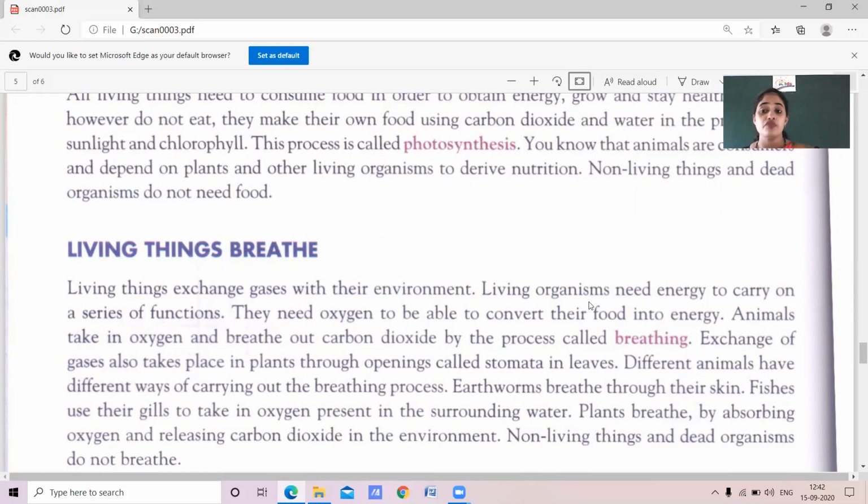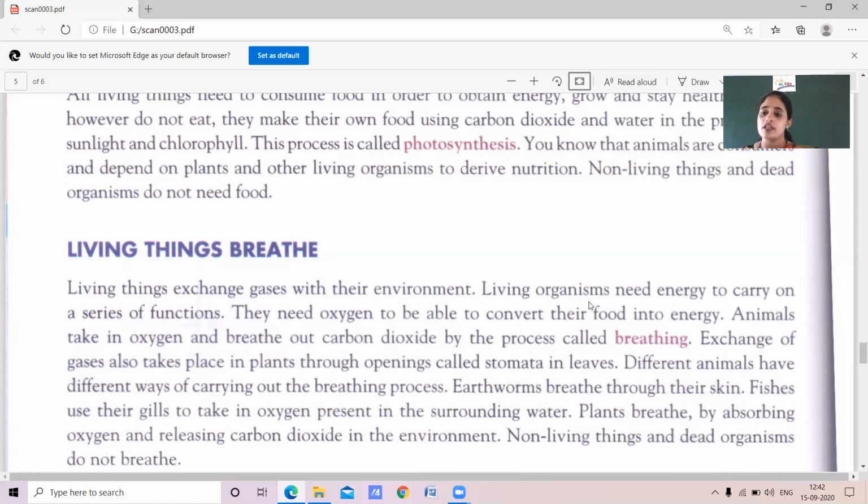If you want to get energy, the food you take should be broken down. How will it be broken down? With the help of oxygen. Through oxygen, the food is broken down and you get energy.